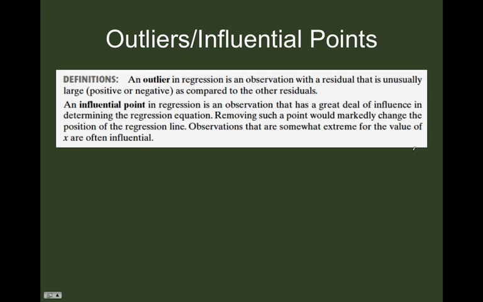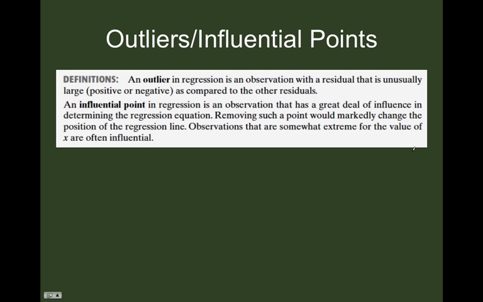So the definition of an outlier is an observation that has a residual that's unusually large. An influential point is an observation that has a great deal of influence in determining the regression equation. Removing an influential point would markedly change the position of the regression line.